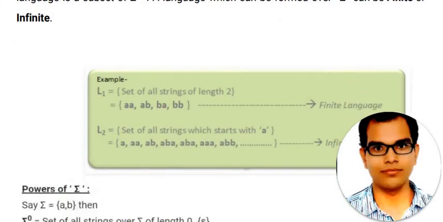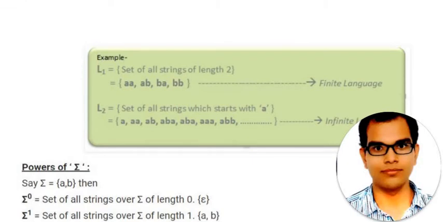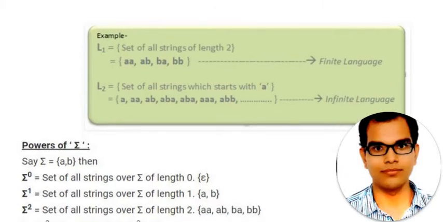Here we will see the first example, that is L1. Suppose we are denoting language as L, and 1 denotes the first example, so no need to bother about 1, 2, all these things. Suppose language L is the set of all strings of length 2, and we are aware that the alphabet sigma is a comma b.